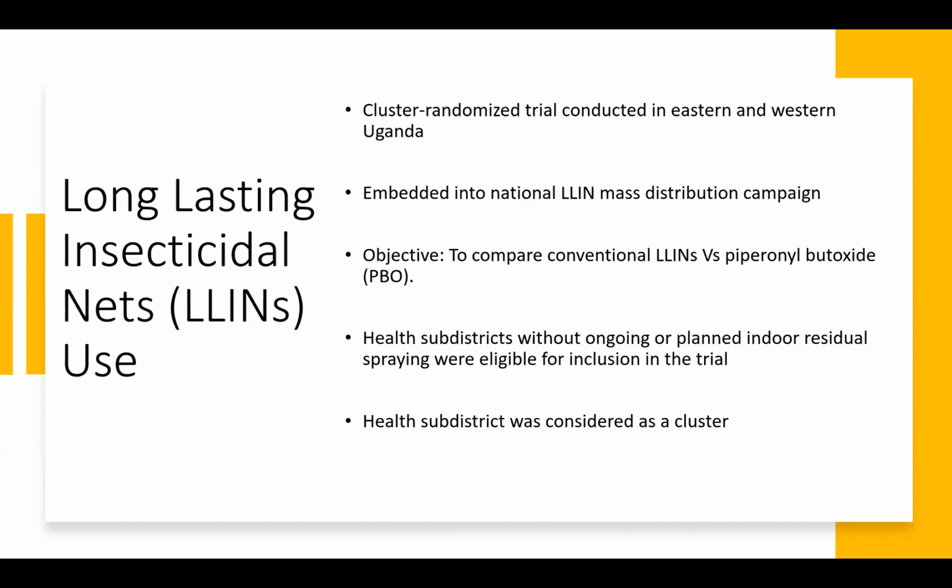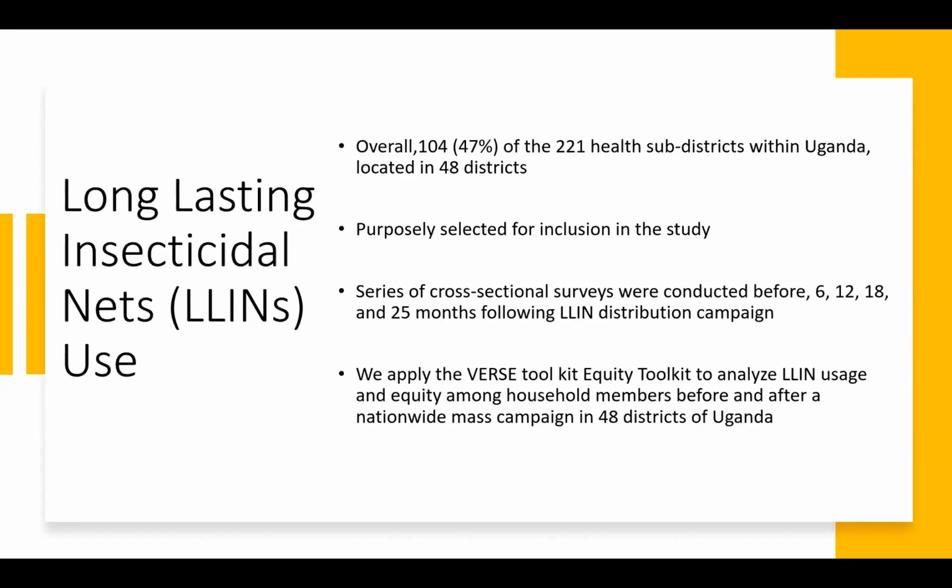In this trial, health sub-districts without any indoor residual spraying were eligible for inclusion, and each health sub-district was considered a cluster. Over 104 health sub-districts were included in this study, located in 48 districts.